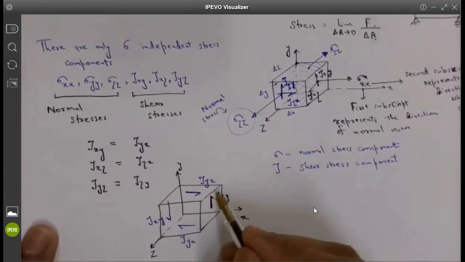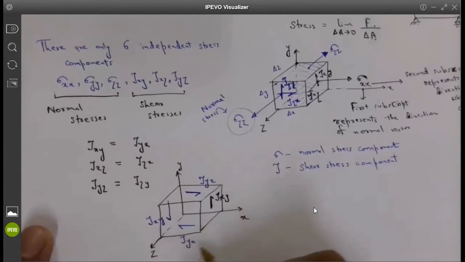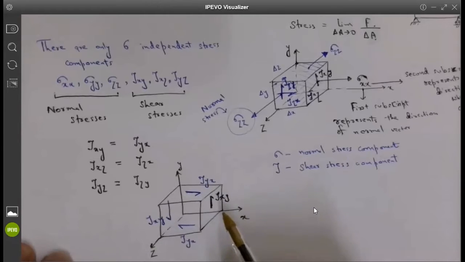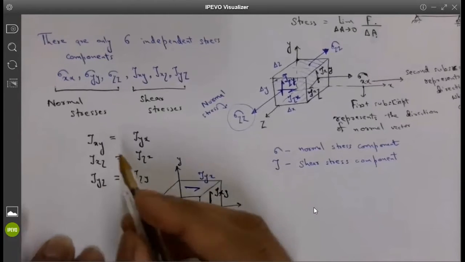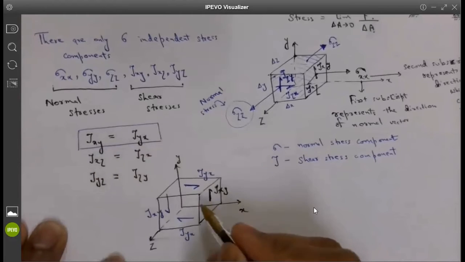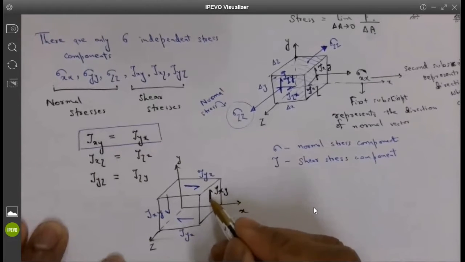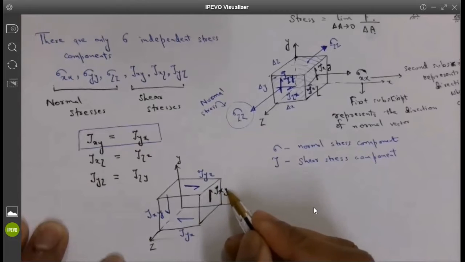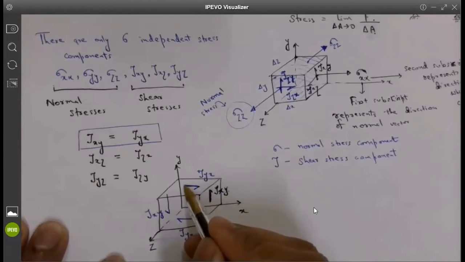The way I am arranging it, I switch off all the other stress components except tau XY and tau YX. So we are just considering these stresses. On this face, the shear stress acting in the positive Y direction is given as tau XY. Now on this face, the shear stress acting would be tau YX.